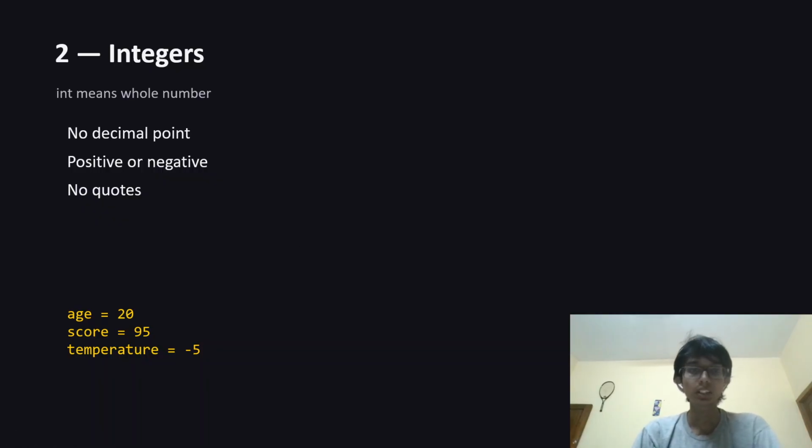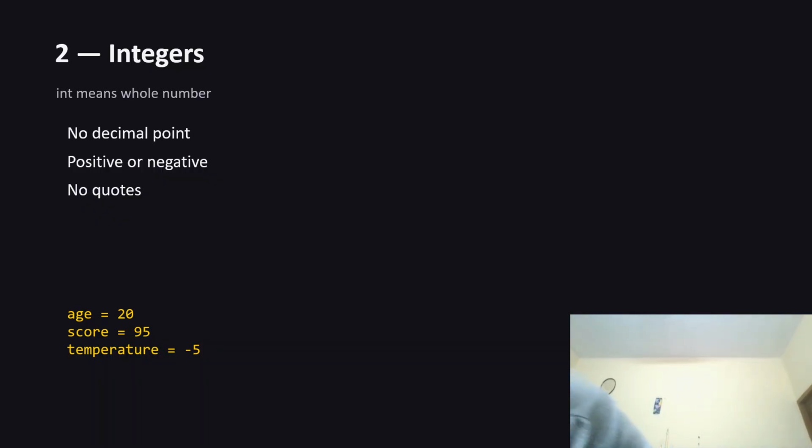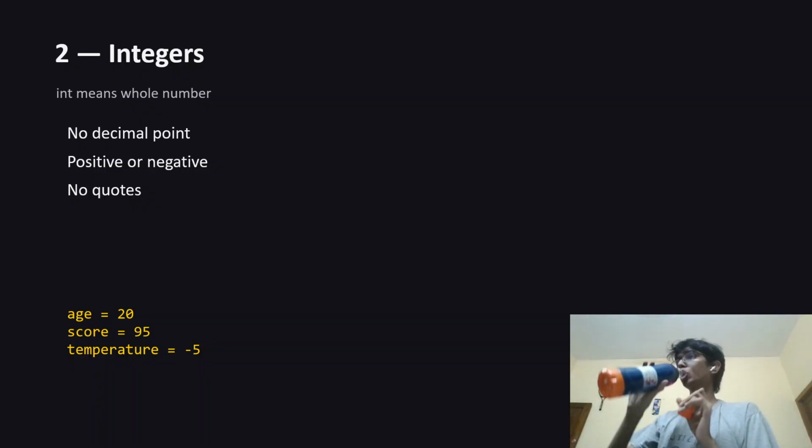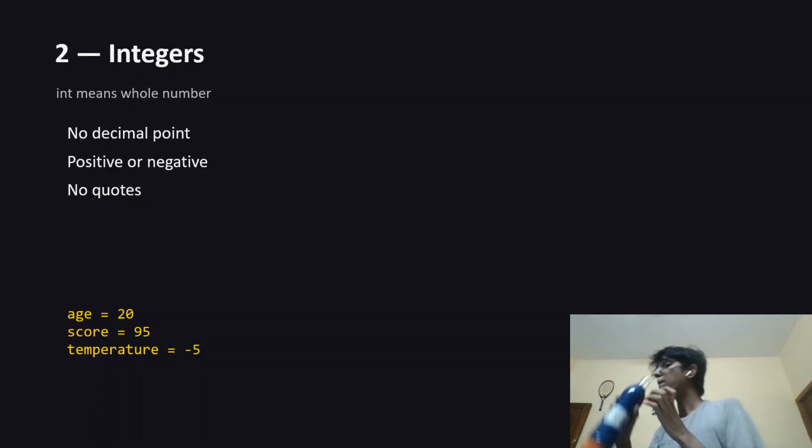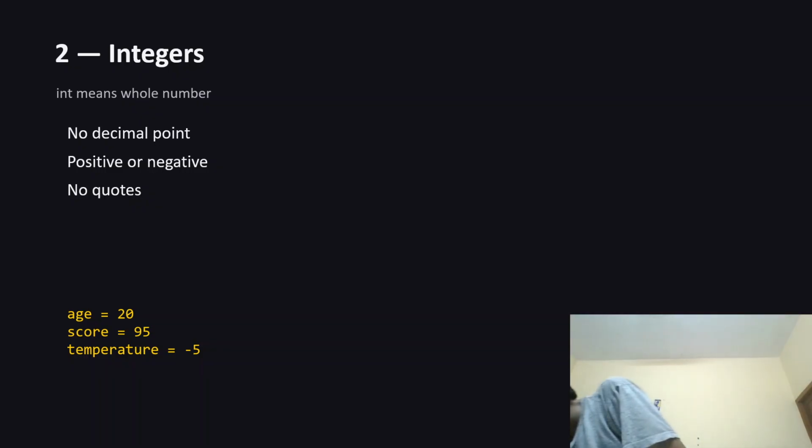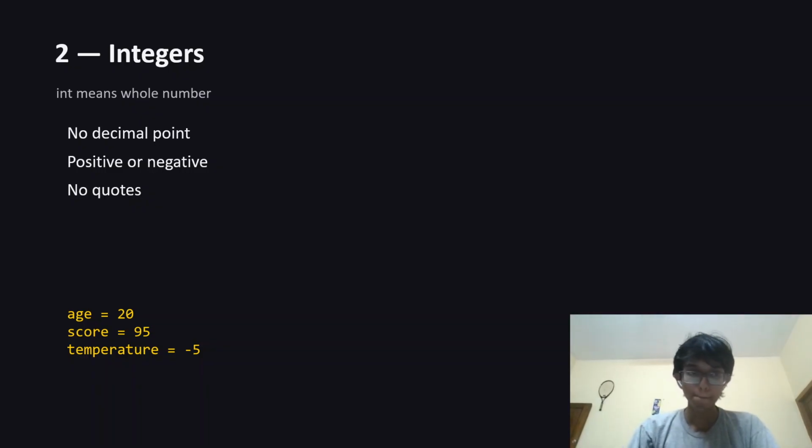Second one is integers, short form for int. Int means whole numbers. Integers mean whole numbers, that is, they don't have any decimal points.